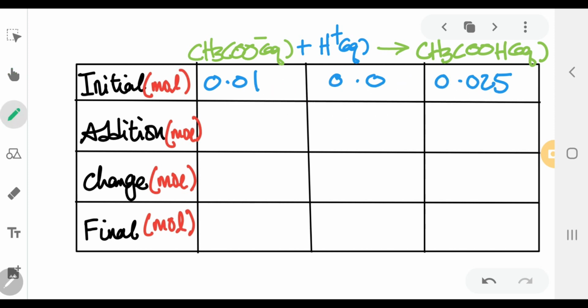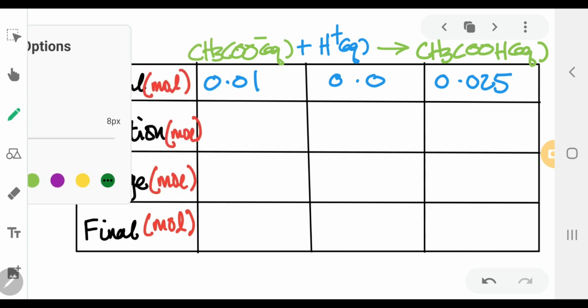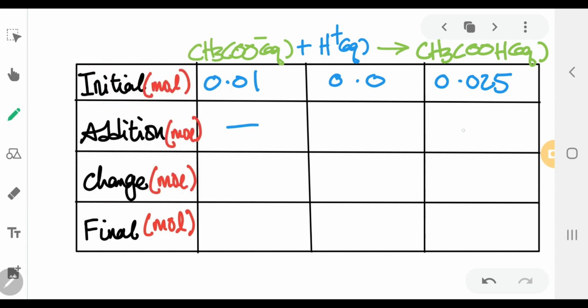And of course, this one, you don't have the addition, but we have the addition of H plus. Remember, this H plus over here comes from the strong acid. And how much do we add? We have 1.0 times 10 to the power of -3. So this much. It's a very small amount of strong acid.